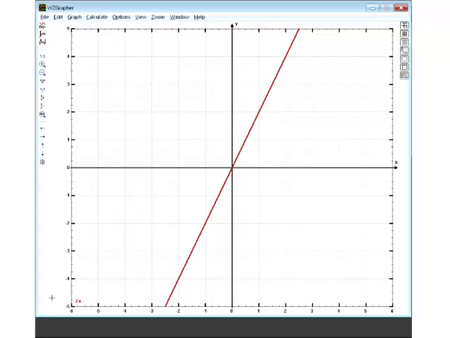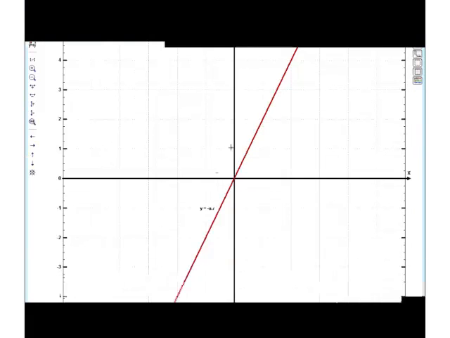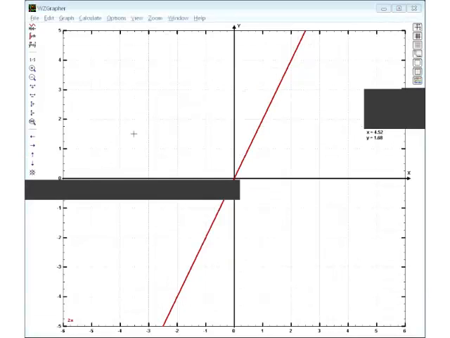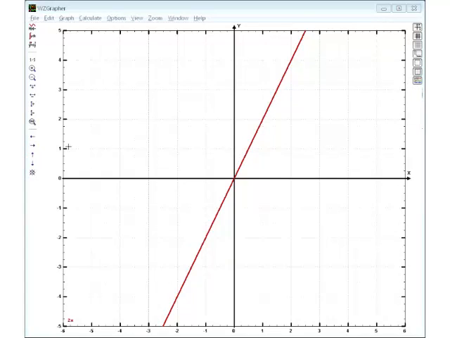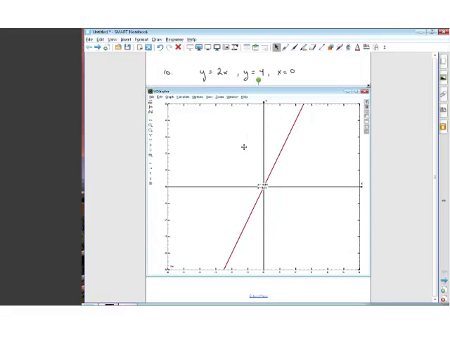So let's get my camera and let's take a picture. And we'll go back to Smartboard. Okay, so there's our graph.